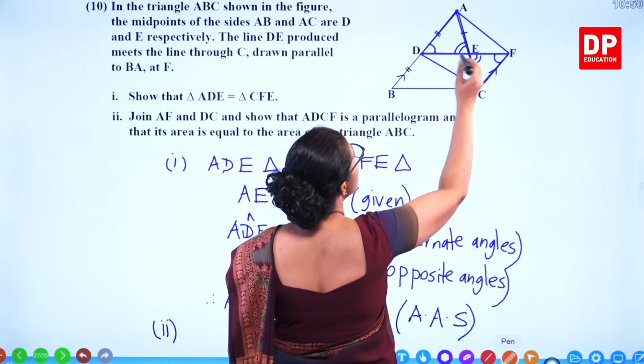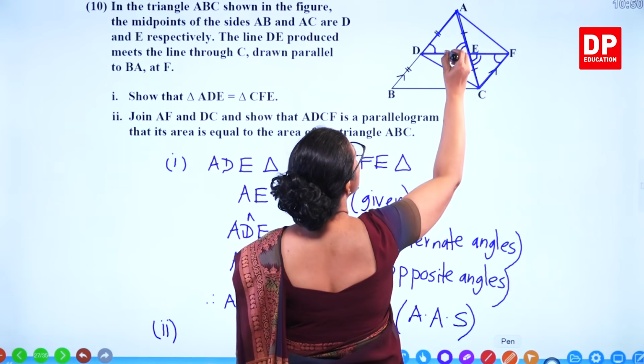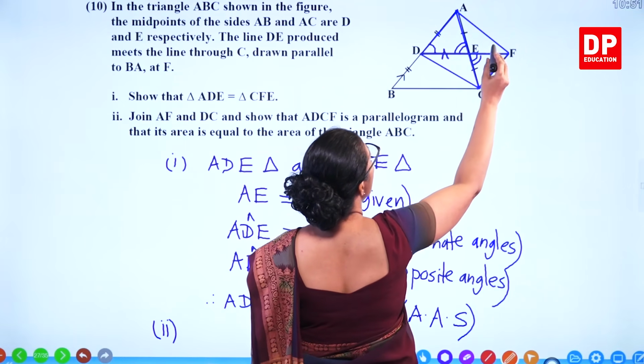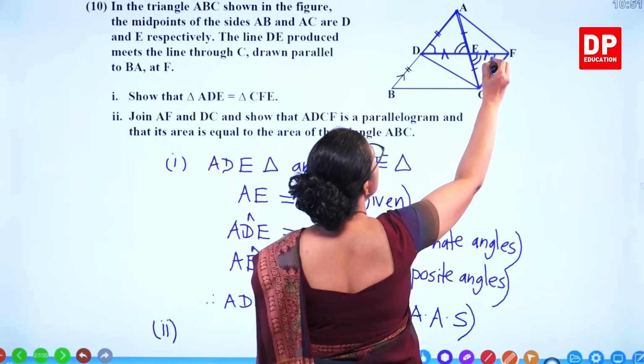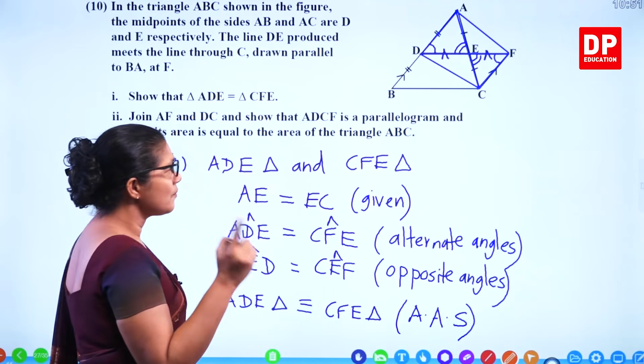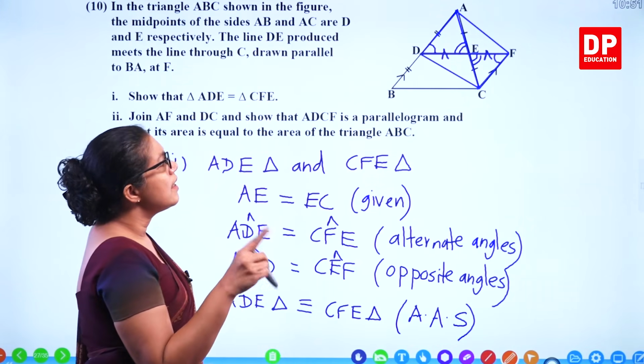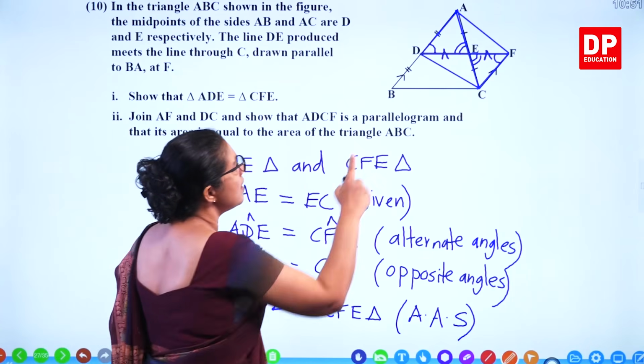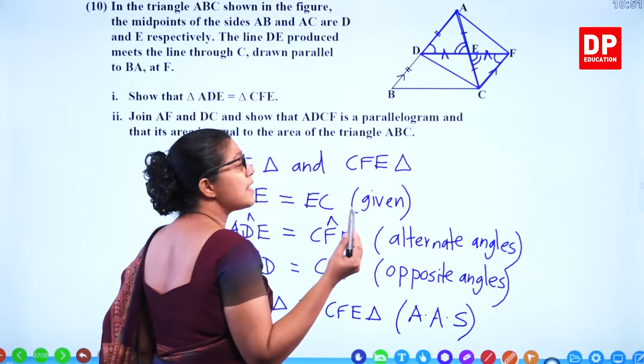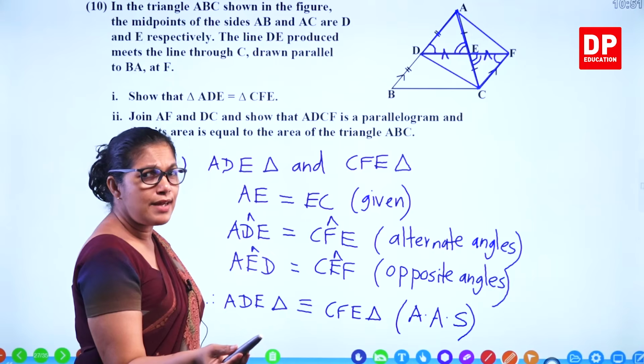I'll mark this one as these two. So opposite to this angle, this one, and opposite to this angle, these two lengths are also equal. Now can you see in quadrilateral AFCD, the diagonals bisect each other. So what is the quadrilateral?